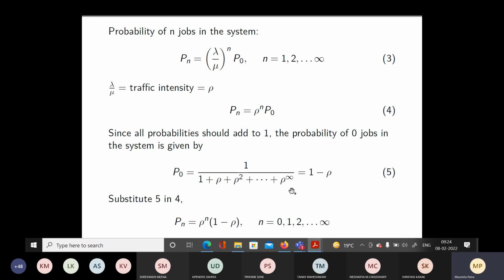Anyway, this term will be equal to 1 − ρ, so P0 equals 1 − ρ. So if we put this value of equation 5 into equation 4, we will get Pn equals ρ^n times (1 − ρ), for n equals 0 to infinity.